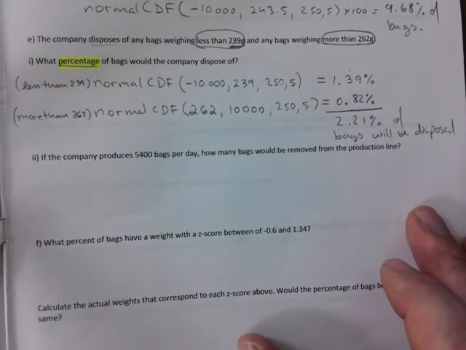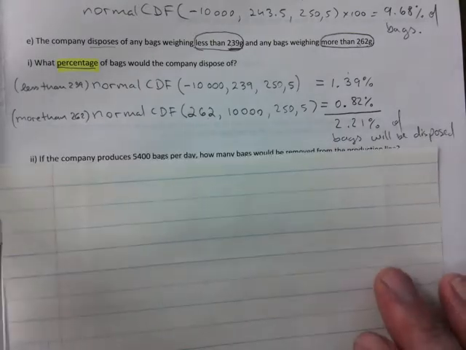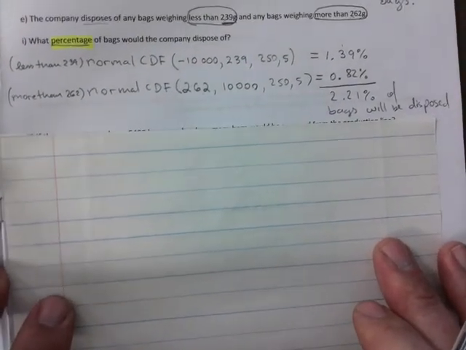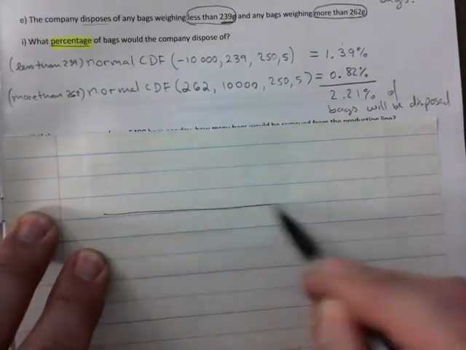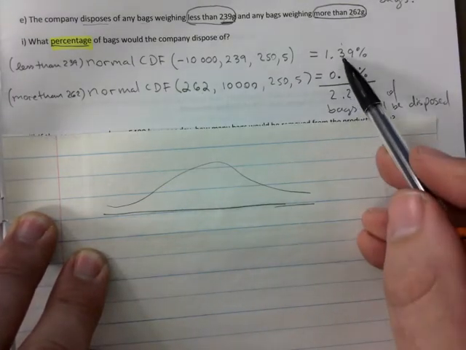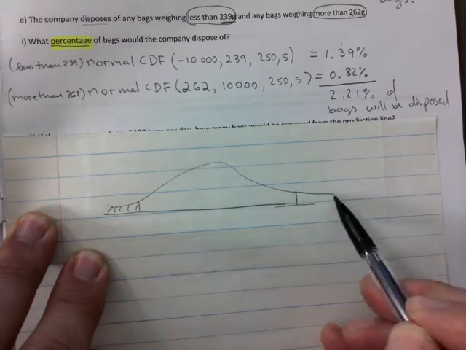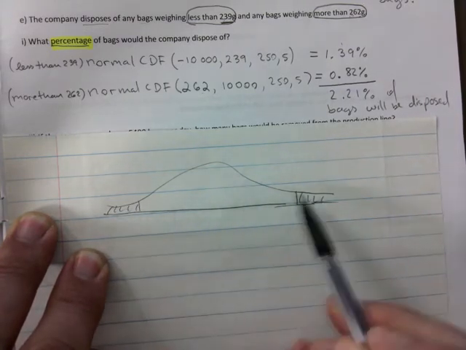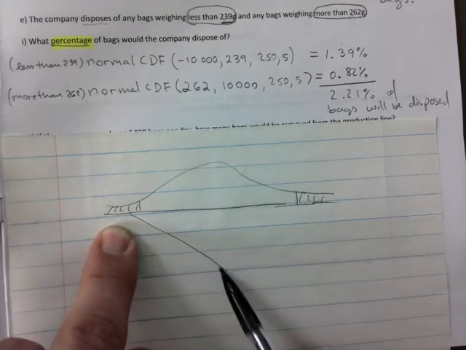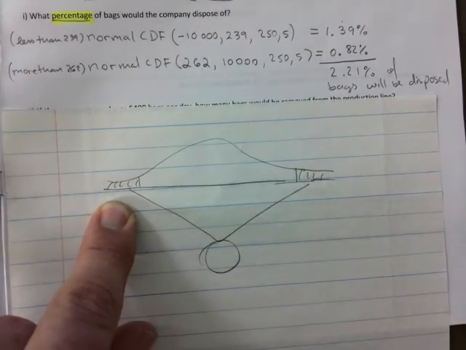I don't have room to do this here, so I'm going to have to grab it. This is important. It won't save your life, but it will save time. You know what we did here just now? We figured out what goes from the left and what goes to the right, and then we added that to get the percentage that gets disposed of.